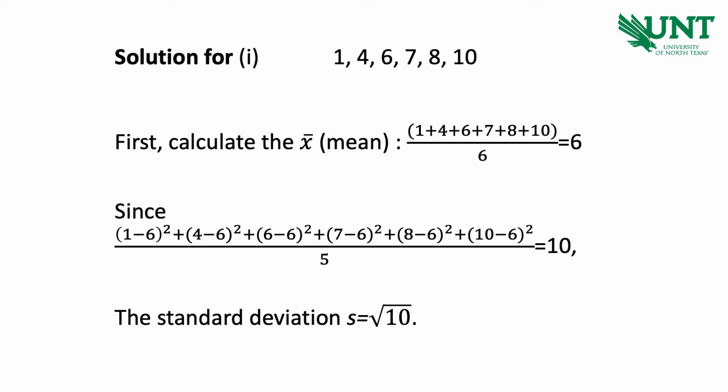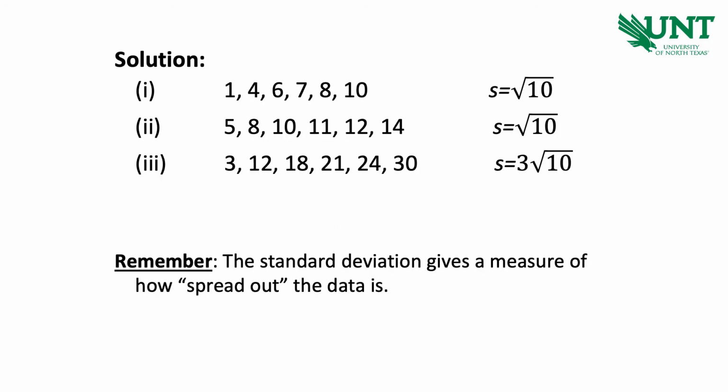It gives you 10. Lastly, take the square root of 10, which is the standard deviation. In the same way, we can calculate the others. The standard deviation of the second data set is the square root of 10, and of the third one is 3 times the square root of 10.